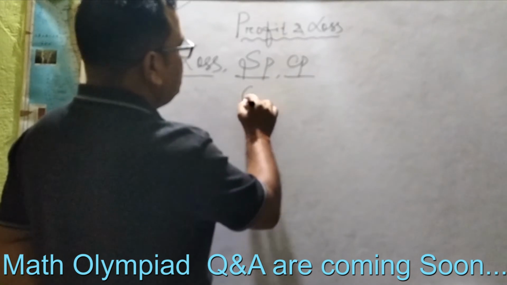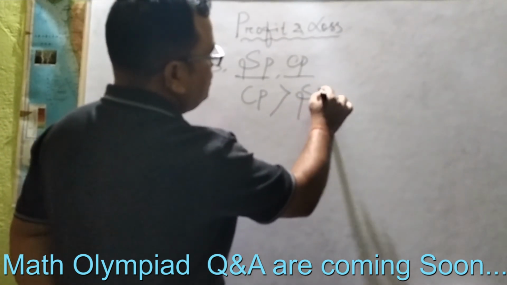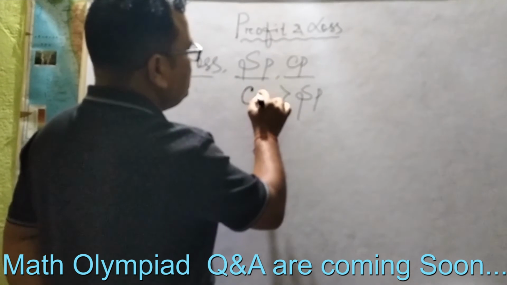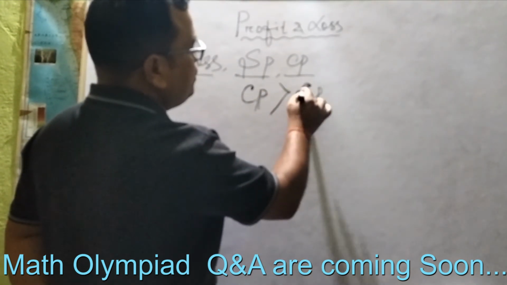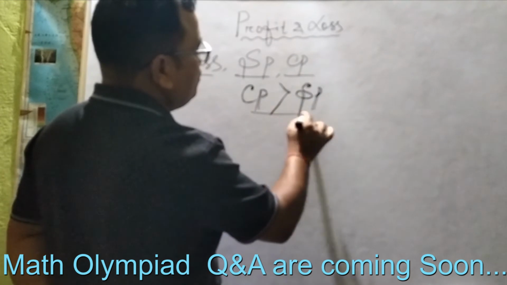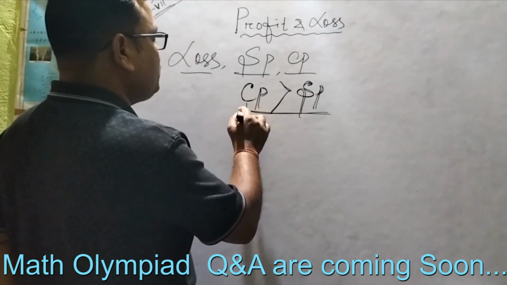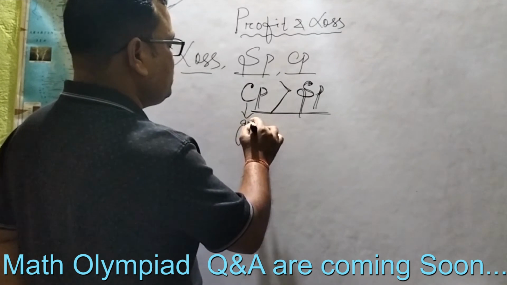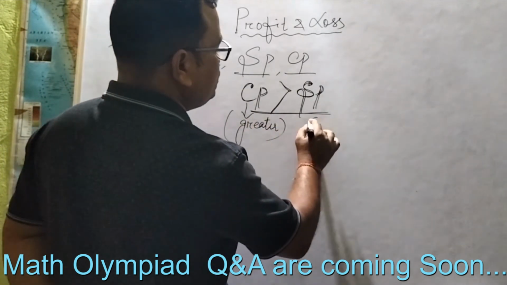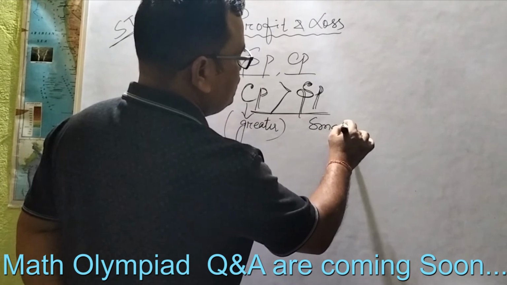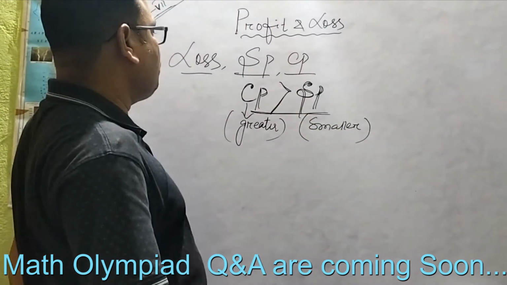Here, CP will be greater than SP. Cost price is more than the selling price. This is the greater one, and this is the smaller one. Remember, it will be easy to remember the formula.